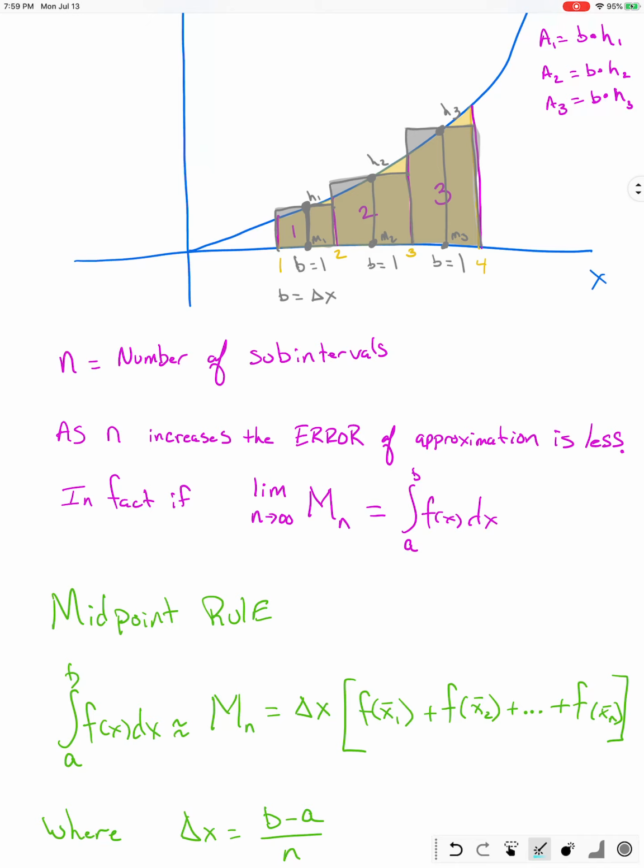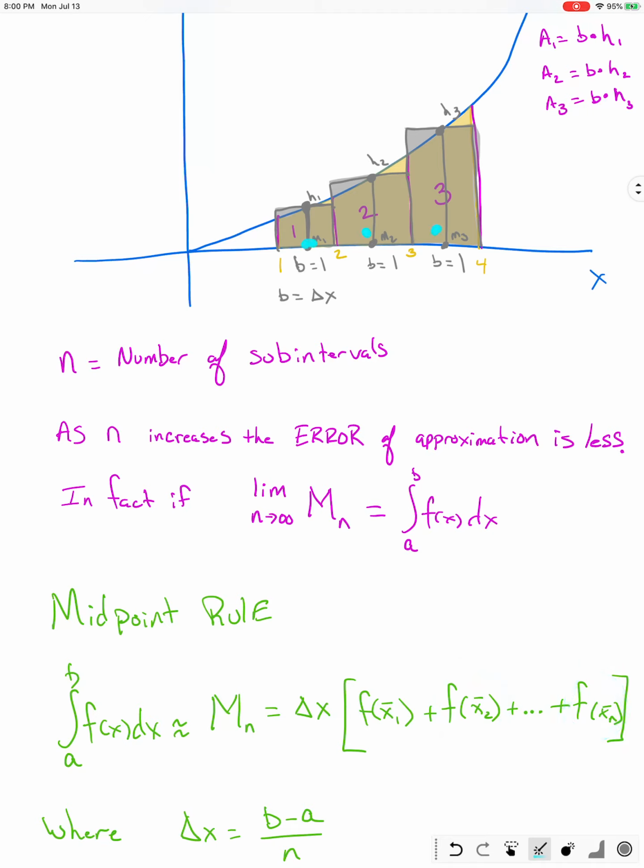The midpoint rule, written out algebraically, is doing what we've drawn up here in the picture. I'm taking the value of the subinterval at its midpoint, and I'm plugging it into the function and figuring out what the height is. That's what each of these spots in my algebraic notation mean.